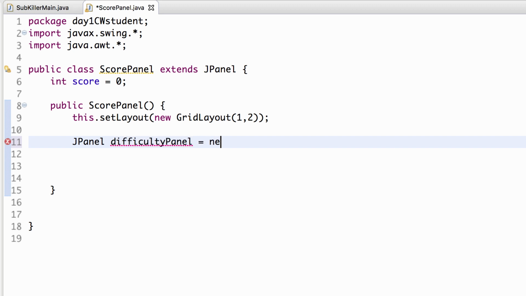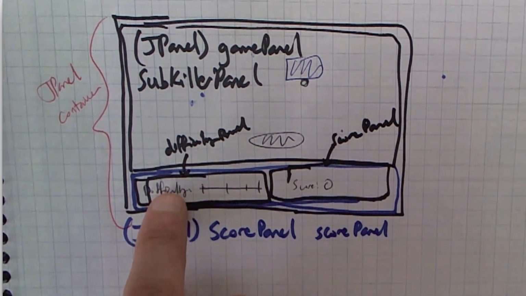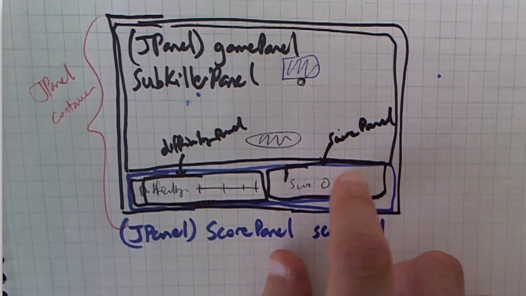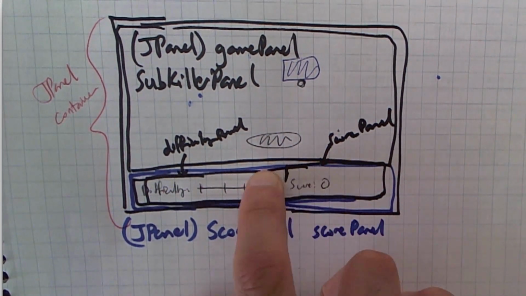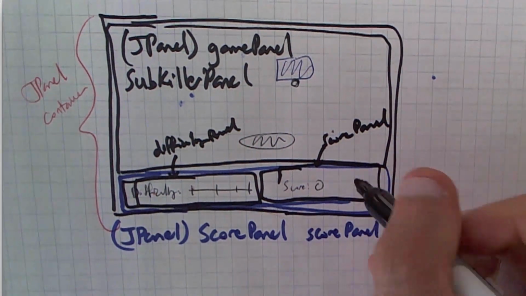Okay, it doesn't have to be customized because we're just using it as a container. Now note that difficulty panel is going to have to contain the difficulty, this label here, as well as the slider. And then the second one is just going to basically, actually I'm not even sure we need a JPanel container here because this will probably just be a JLabel.